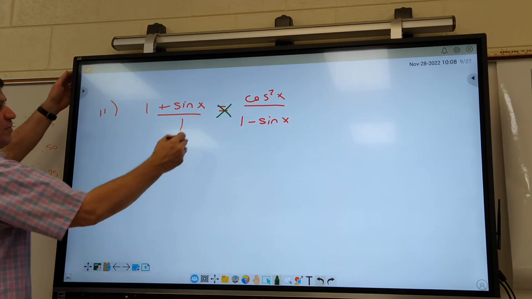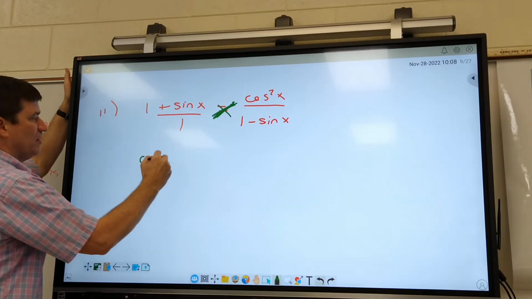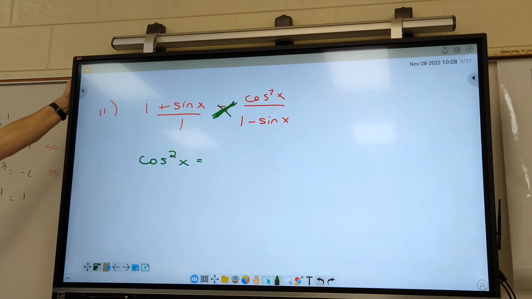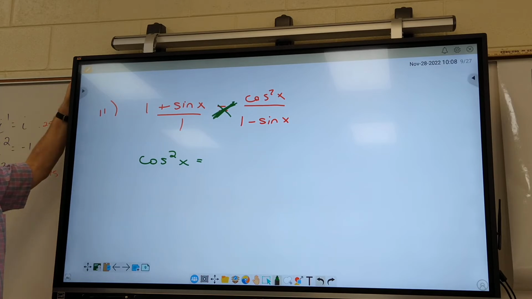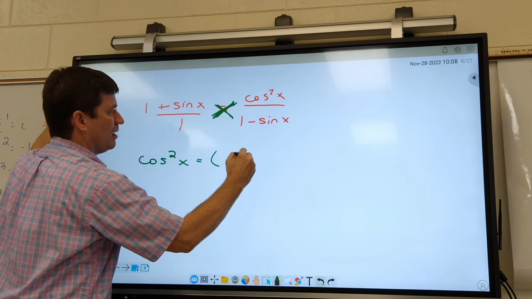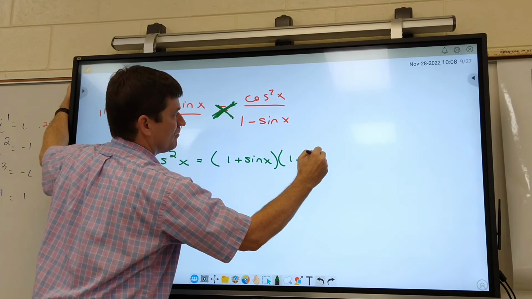So what do I get when I go this way, when I times those two? Cosine squared. Write it down. Now here's definitely something we're going to have to work at. When I go this way, I've got 1 plus sine x times 1 minus sine x.